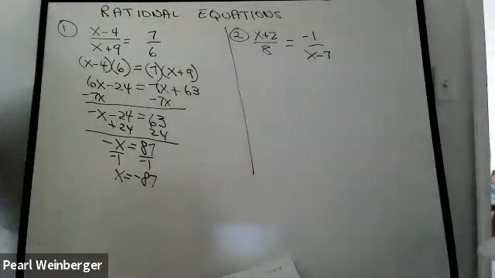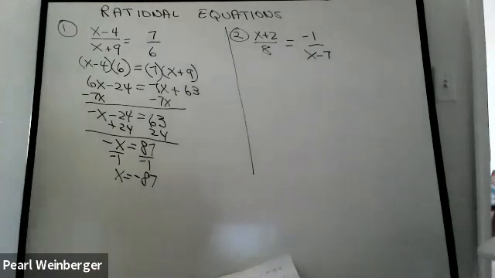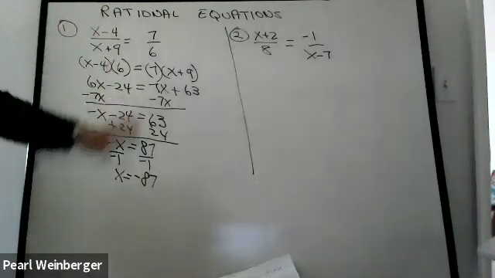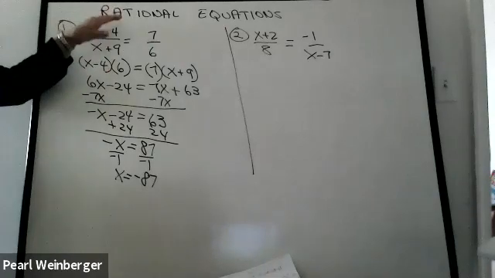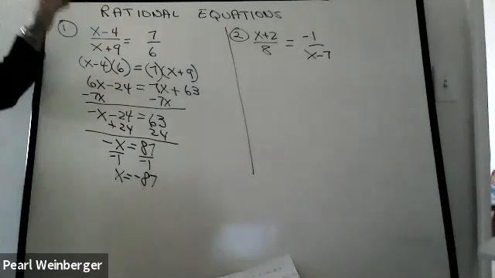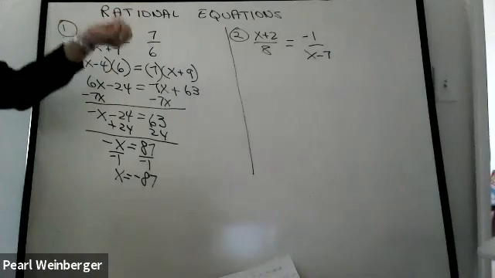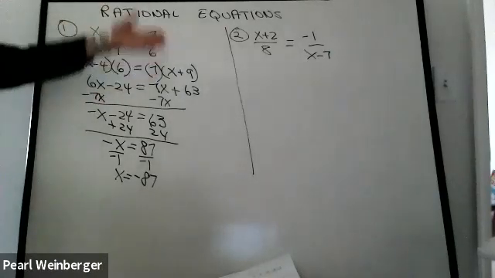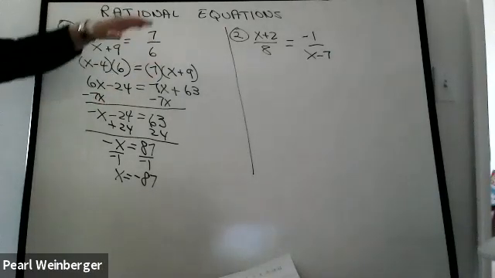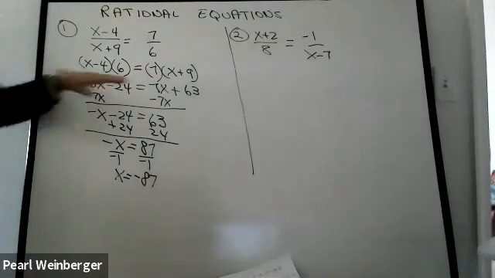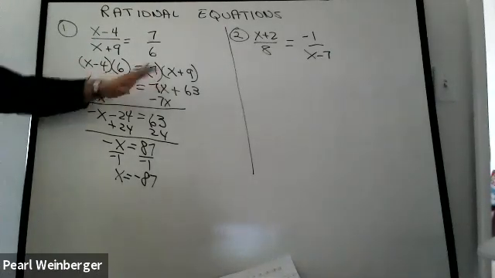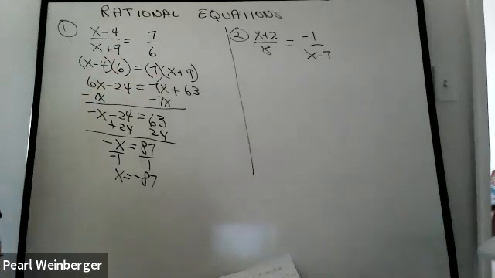And I think that's what a couple of people showed me that they got. So that is a rational equation. Rational meaning it has fractions, an equation that has fractions in it, and we solved it by cross multiplying. We got a regular, what we call linear equation, just a regular equation.